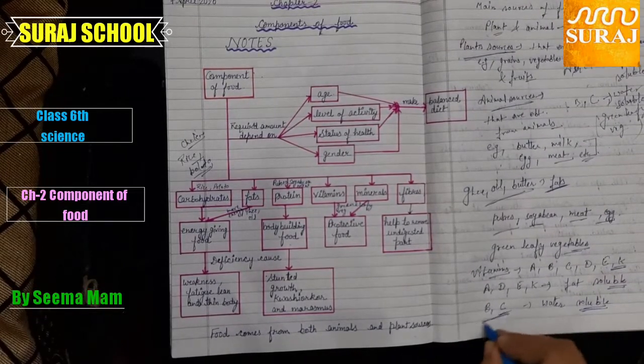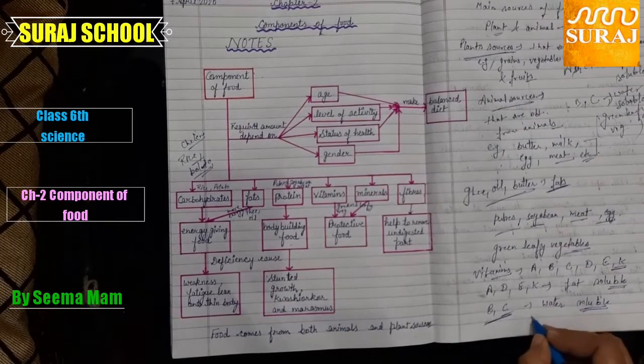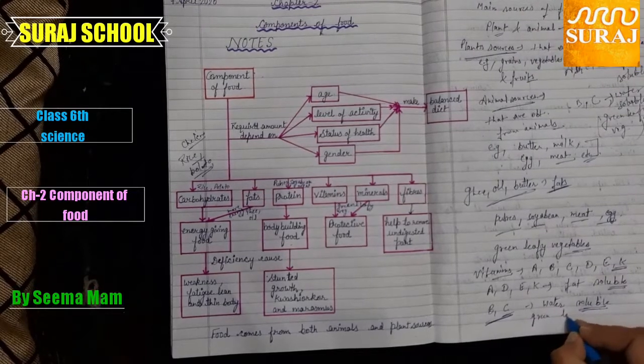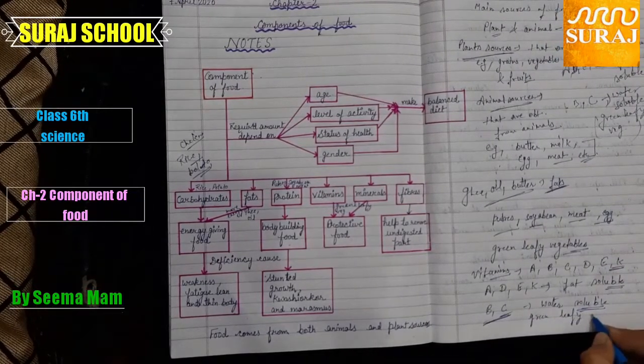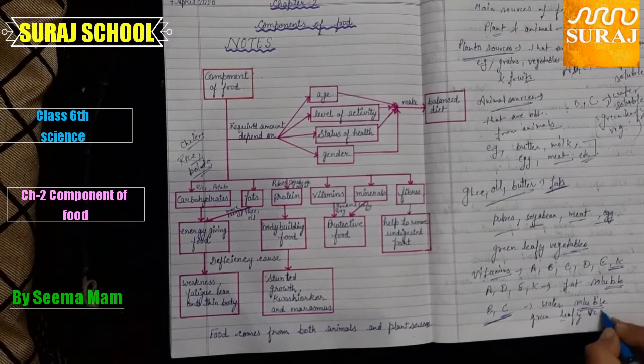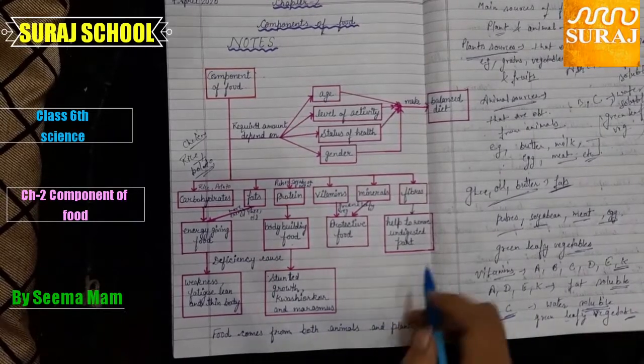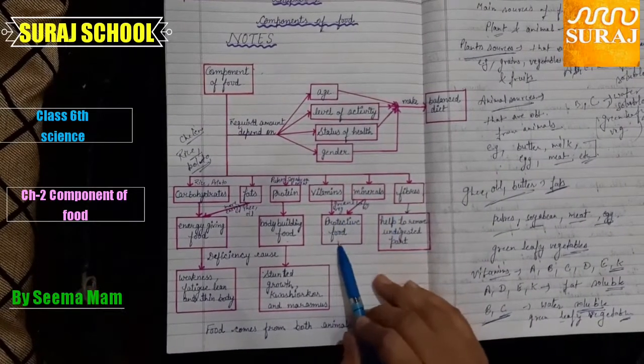And vitamins B and C are contained in green leafy vegetables. Vitamins and minerals are also known as protective food.